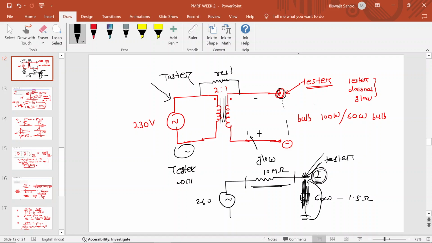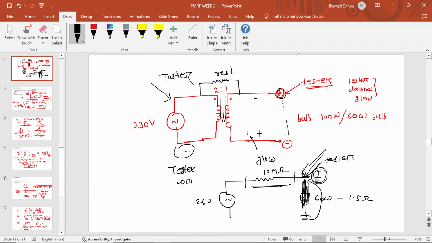If the bulb is glowing, you are giving that 125 or any voltage to that bulb, then voltage should be there. Then the tester should glow, sir. I am not convinced with what you said. This tester even glows for 50 or 60 volts, sir.